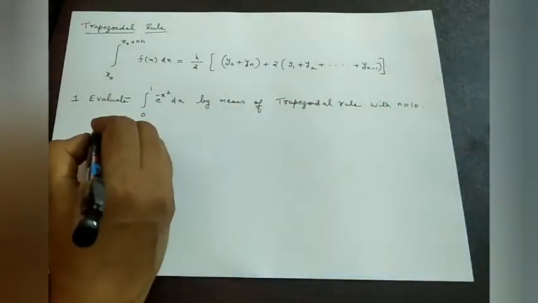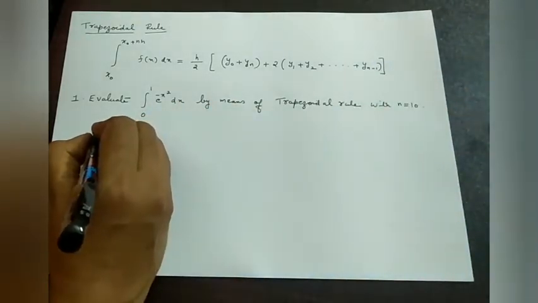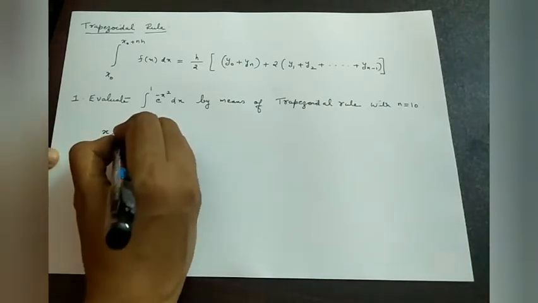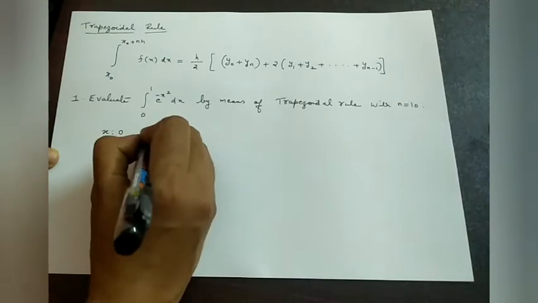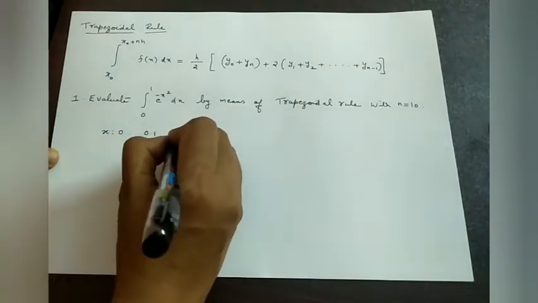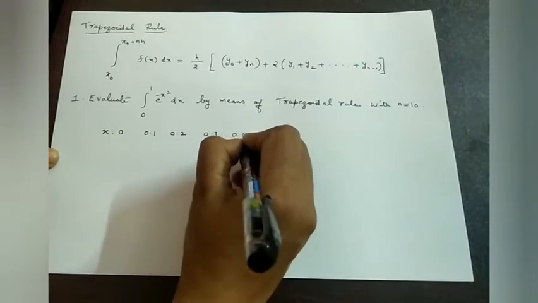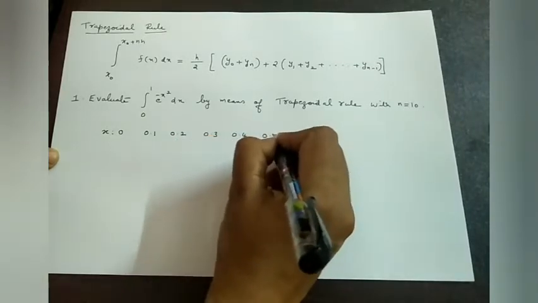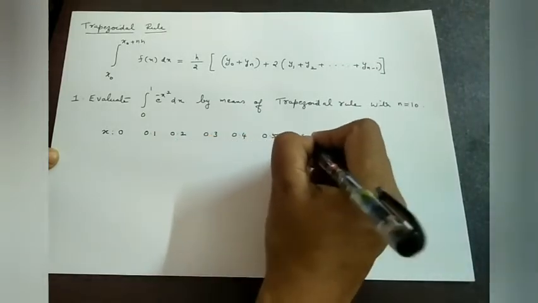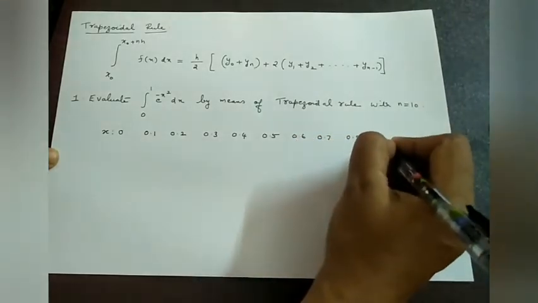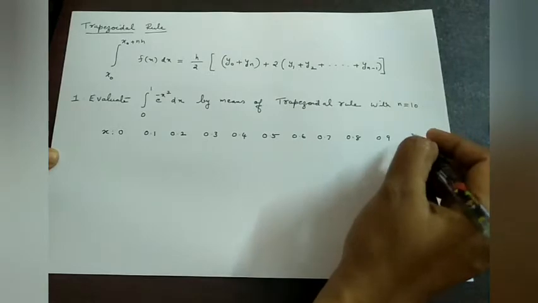Here, first of all, the values of x are given: 0, 0.1, 0.2, 0.3, 0.4, 0.5, 0.6, 0.7, 0.8, 0.9, then 1.